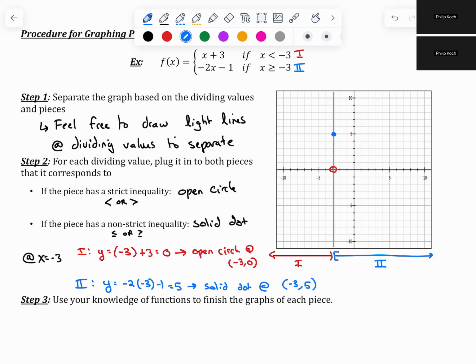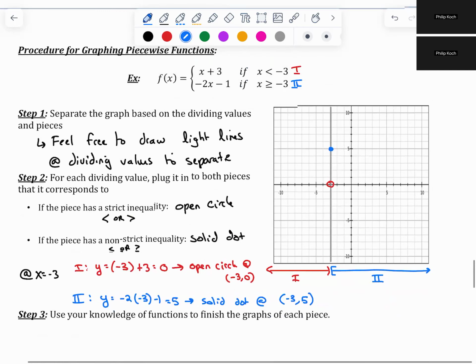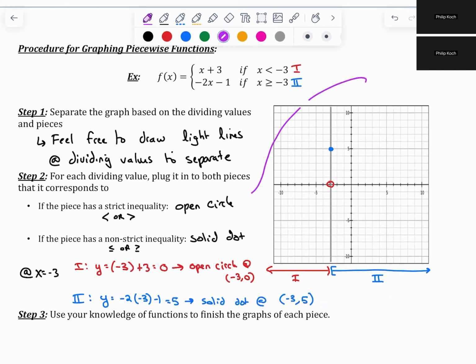So what I'm doing with the strict ones is plugging it in to find where it stops. I'm trying to find a placeholder. When we plug it into the strict inequalities, we're trying to find where it's going to stop. If it were there, it would be a solid dot, but it's not. So we're going to say that's an open circle. That's where it's going to stop, and it's going to get really, really close to that, but not equal it.